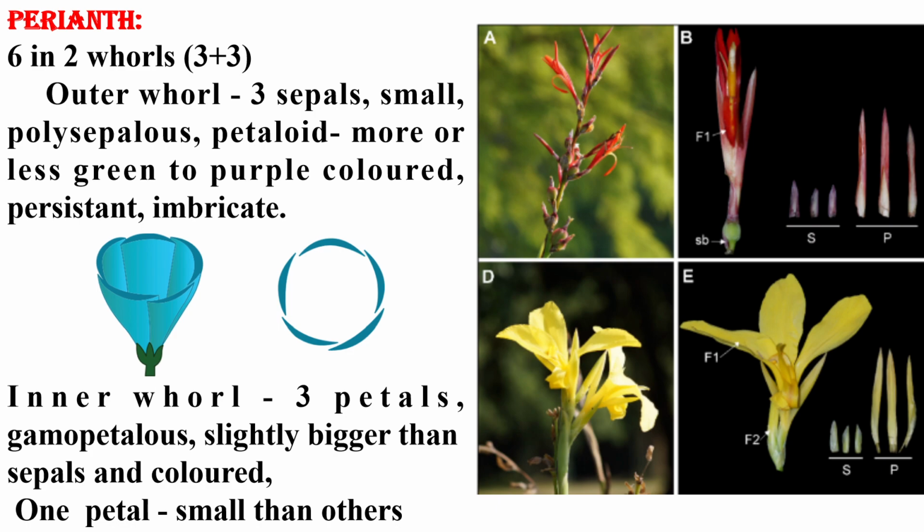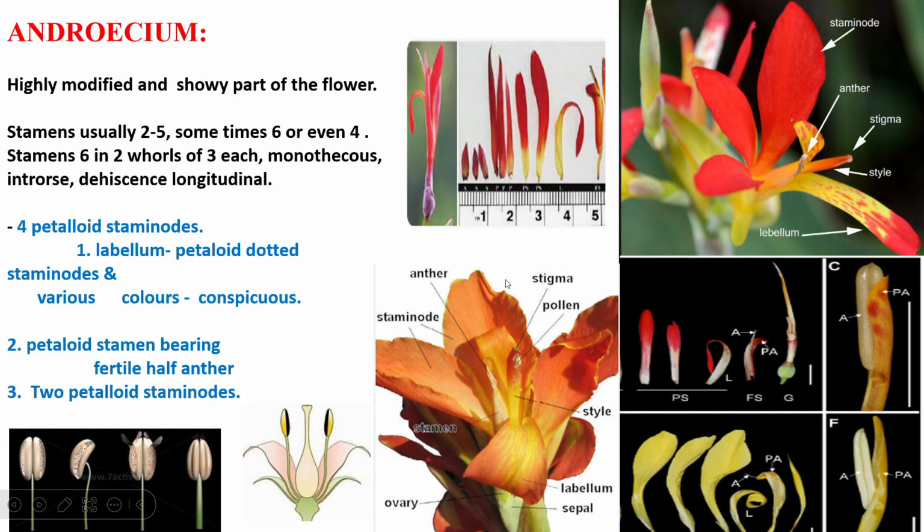The inner whorl possesses three petals. Petals are gamopetalous. Gamopetalous means petals united, slightly bigger than sepals and colored. One petal is smaller than others. Then androecium.